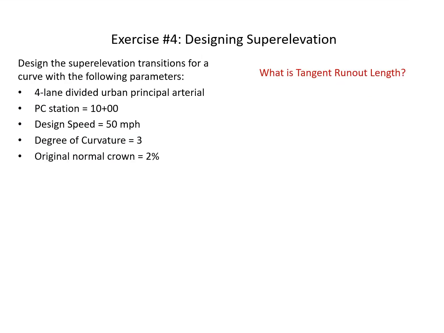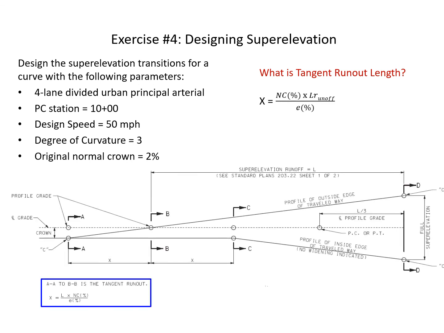What is the tangent runout length? The tangent runout is this equation found in our standard plans. X equals the normal crown times the length of runoff over your E rate. It is this distance here from AA to BB, or it can be BB to CC as well.